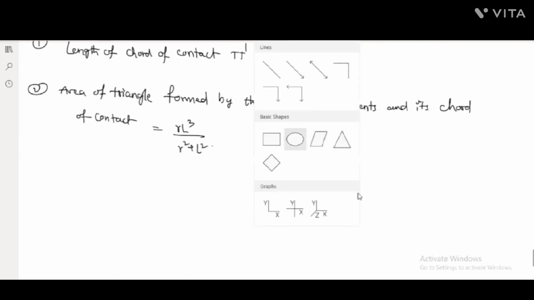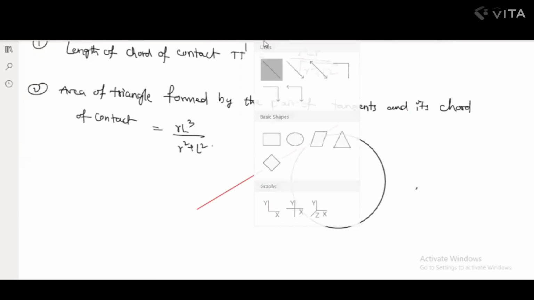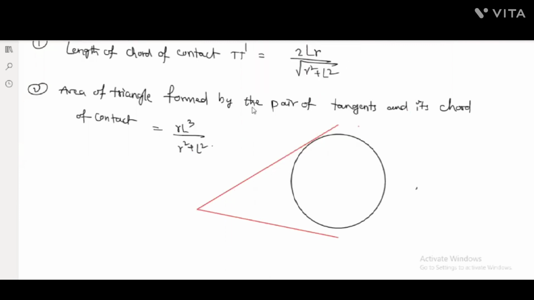So diagrammatically, I will show you what we are discussing here. So these are the pair of tangents, right? This is one tangent to the circle, and this is the other tangent to the circle. At this point, we can draw the chord of contact, that is this one.